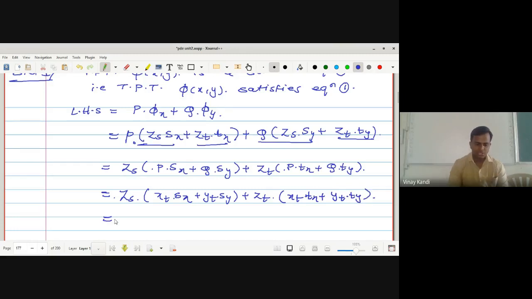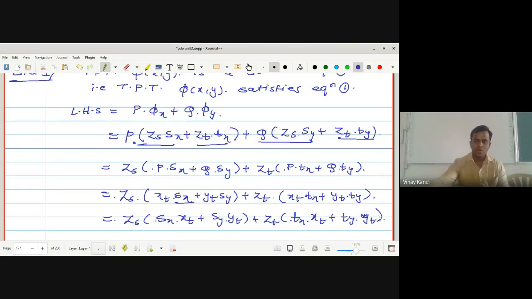So that is equal to, sx in the bracket. Now write down this first one: sx into xt plus sy into yt plus zt into bracket tx into xt plus ty into differential with respect to yt.